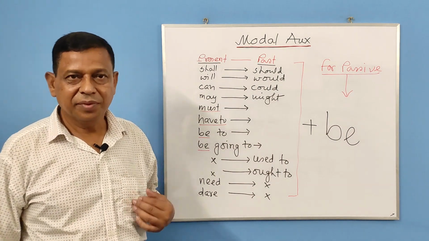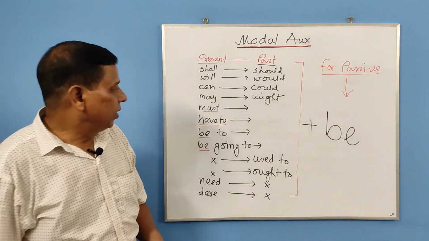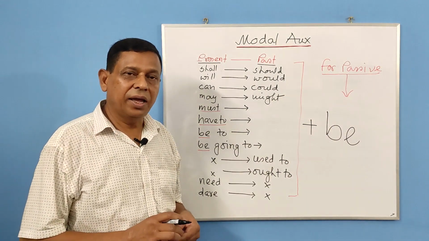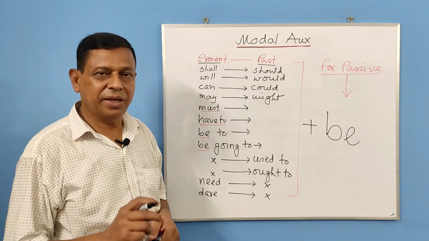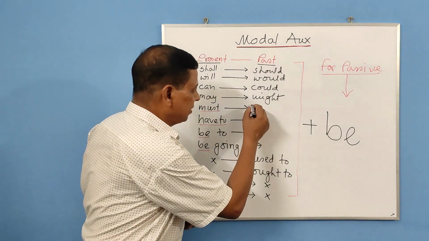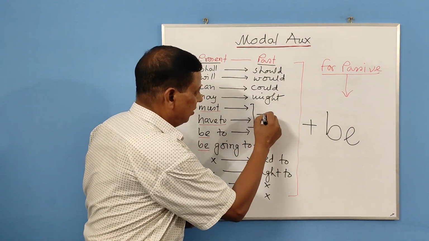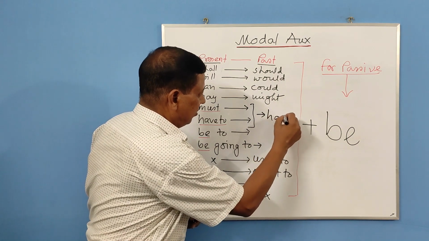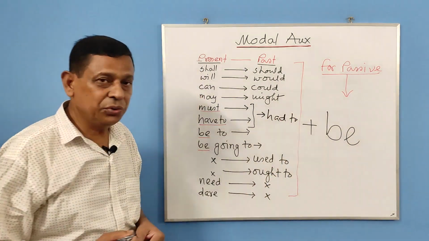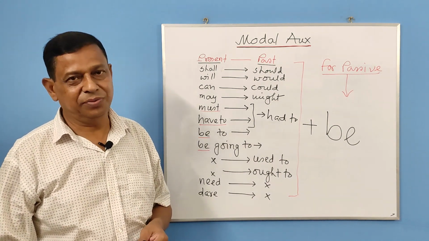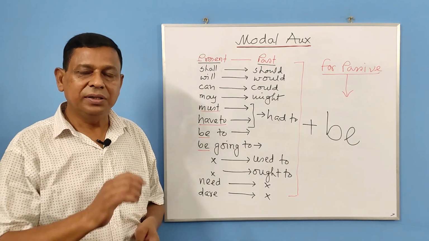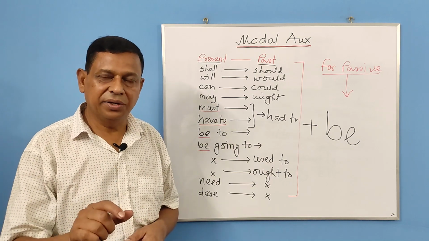You see, I am writing the past form of must and have to the same. It would be the same. The past form of must is had to, and the past form of have to is had to, because these two words indicate obligation.